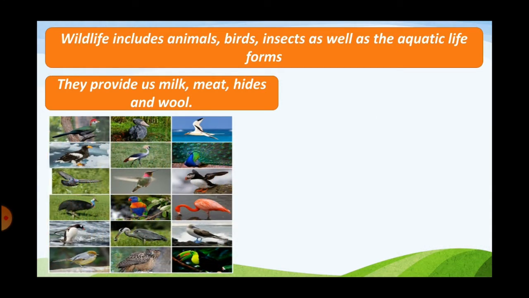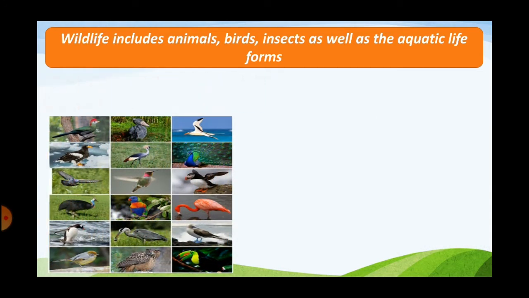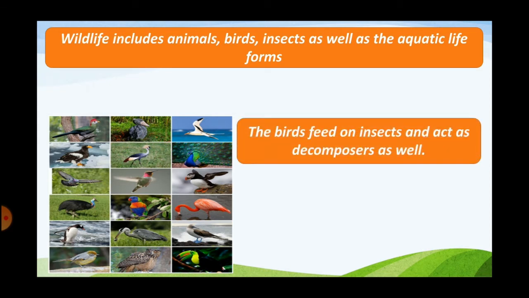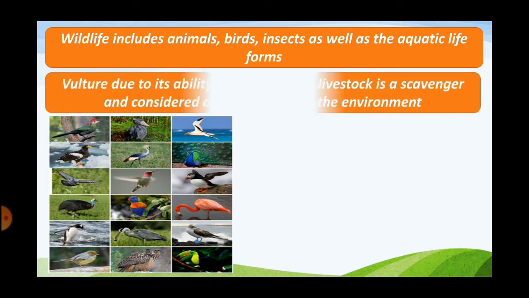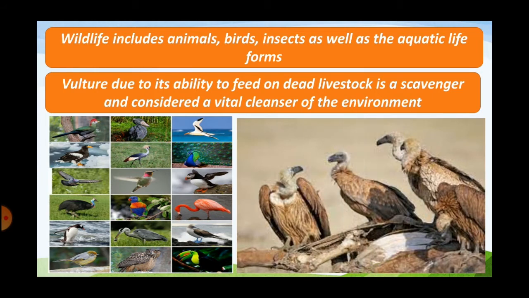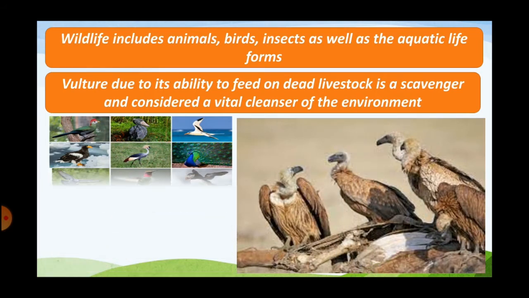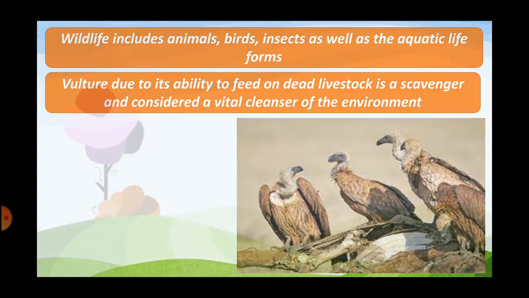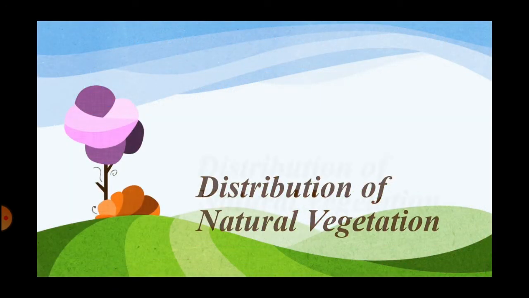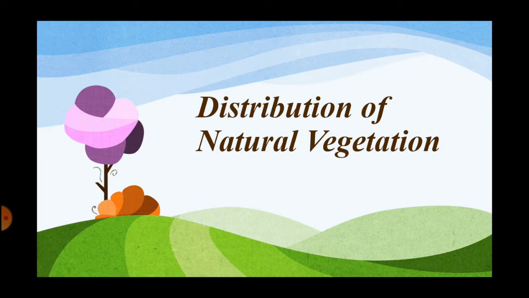The birds feed on insects and act as decomposers as well. Vulture, due to its ability to feed on dead livestock, is a scavenger and is considered a vital cleanser of the environment. So, animals big or small, all are integral to maintaining the balance in the ecosystem.